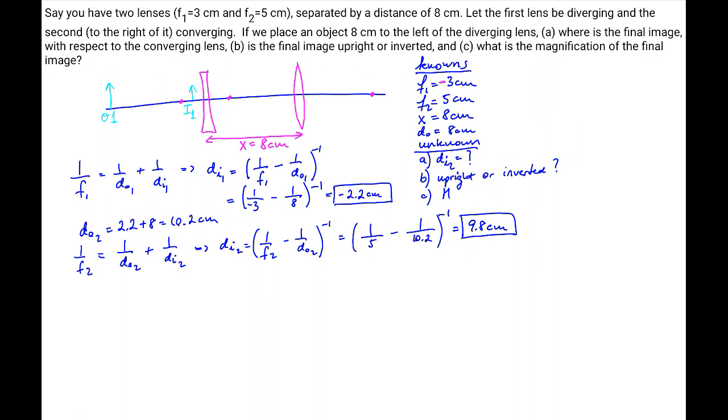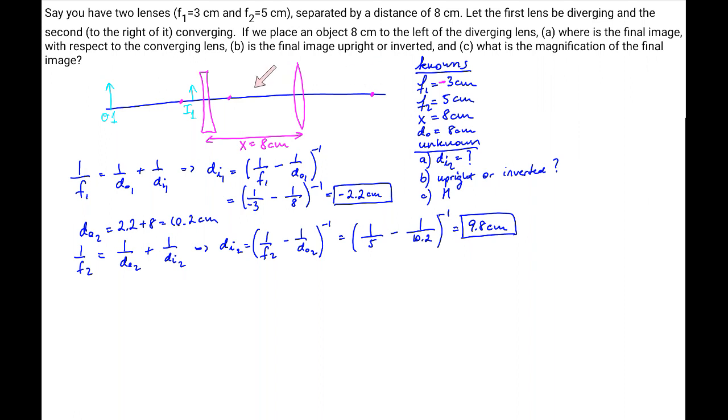So let's figure out if this makes any sense. We are dealing with an object that is farther away than the focal point of this lens. And we know that in that case, it forms an image that is real and on this side of the lens.